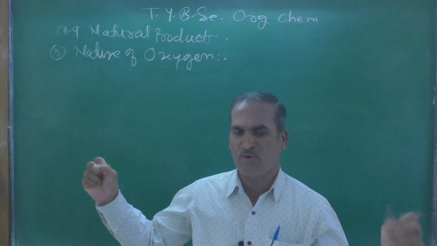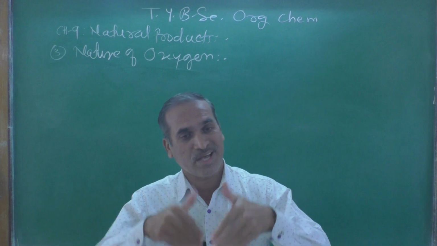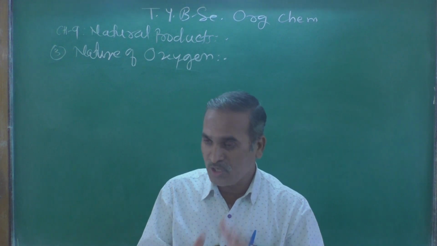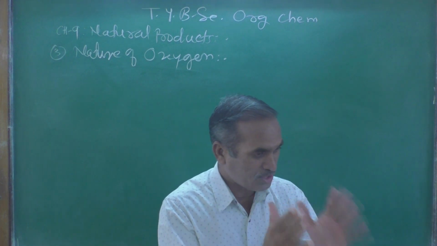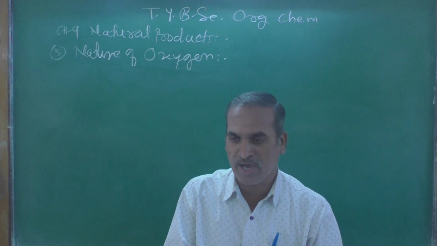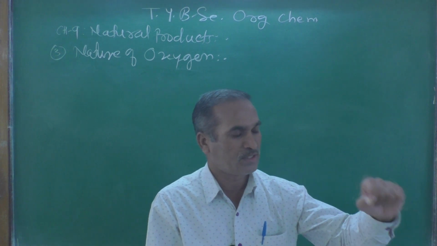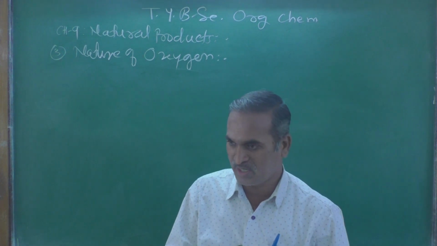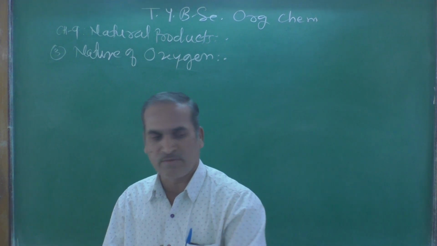So these are the various functional groups in which oxygen atoms are involved, and therefore there is a need to identify the nature of the oxygen atom, in which form it is present, because there are different functional groups along with that oxygen.